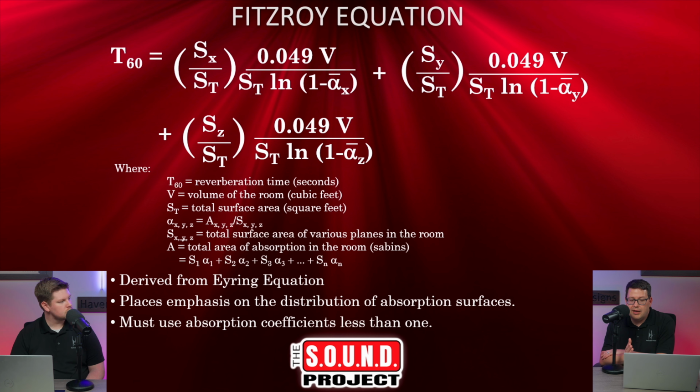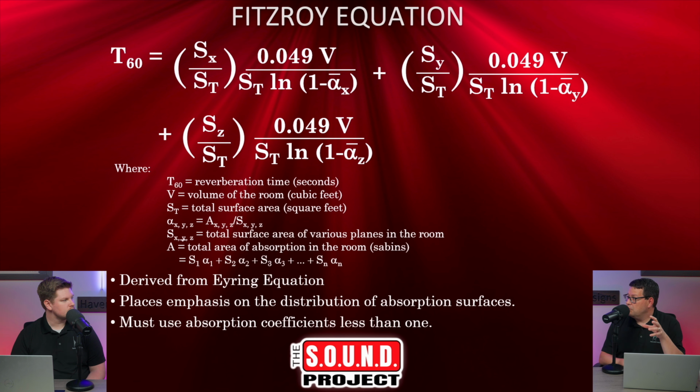And then you multiply it out like you did before, except the Fitzroy equation, where it's really, really helpful is if you're dealing with a room where the absorption is not evenly distributed around the room. Like, let's say there's more absorption on the ceiling or the floor of the room. A good example is, let's say you have a drop tile ceiling, which is fairly absorptive, and then carpeted floor, but then concrete block on all the walls.